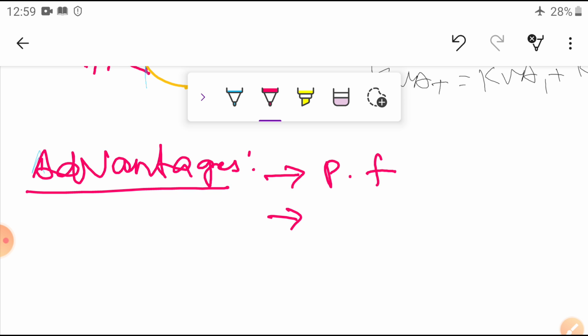Another advantage is that the speed is constant. Where we require constant speed irrespective of load, we can use this type of machine.